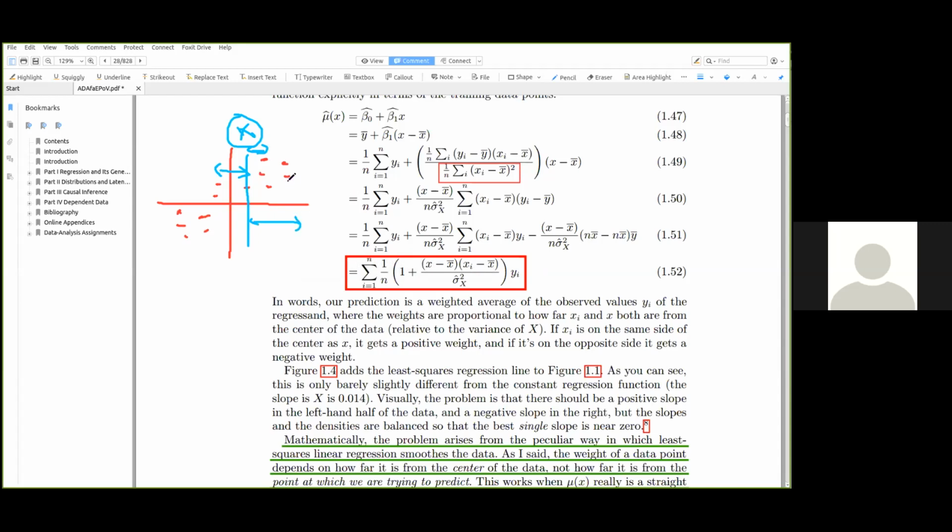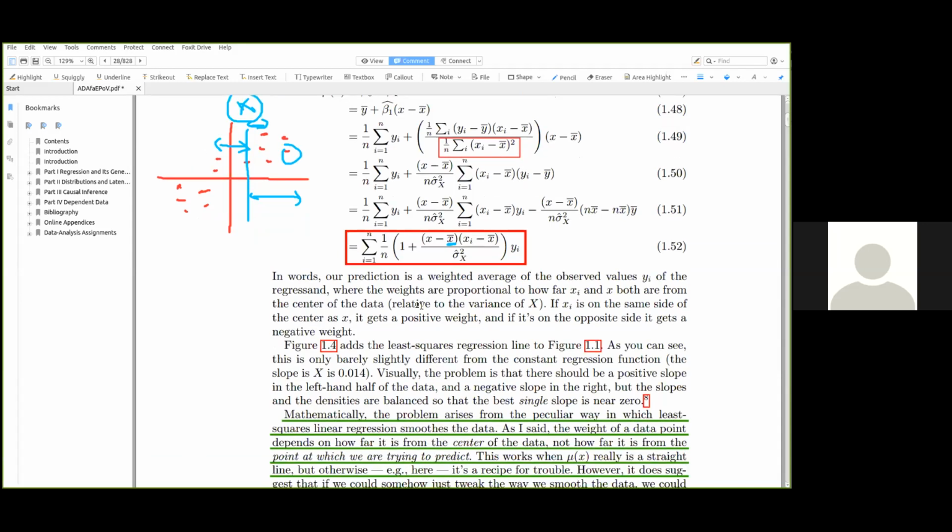Okay, so depending on your points, you would calculate these distances, and accordingly, you would assign a particular weight to the y according to x. So what you do is you have to calculate two things, and you have to use xi, the weighted average.